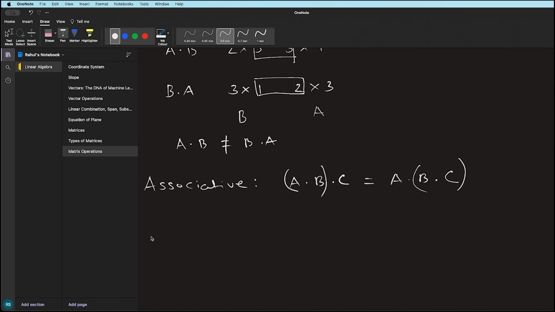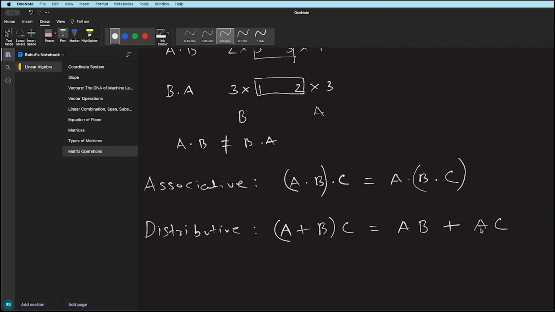Now coming to matrix multiplication having the distributive property. For the distributive property, I can write (A plus B) multiplied by C equal to AB plus AC.